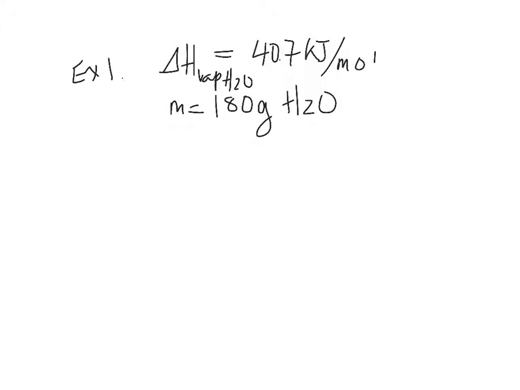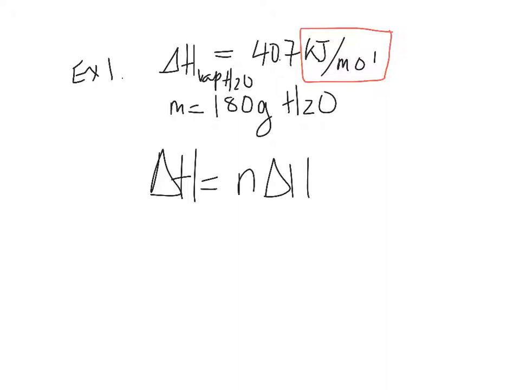We want to find the total energy change if 180 grams is vaporized, so our quantity is 180 grams. But look at the units here. We've got kilojoules per mole. Delta H is equal to n times delta HX.